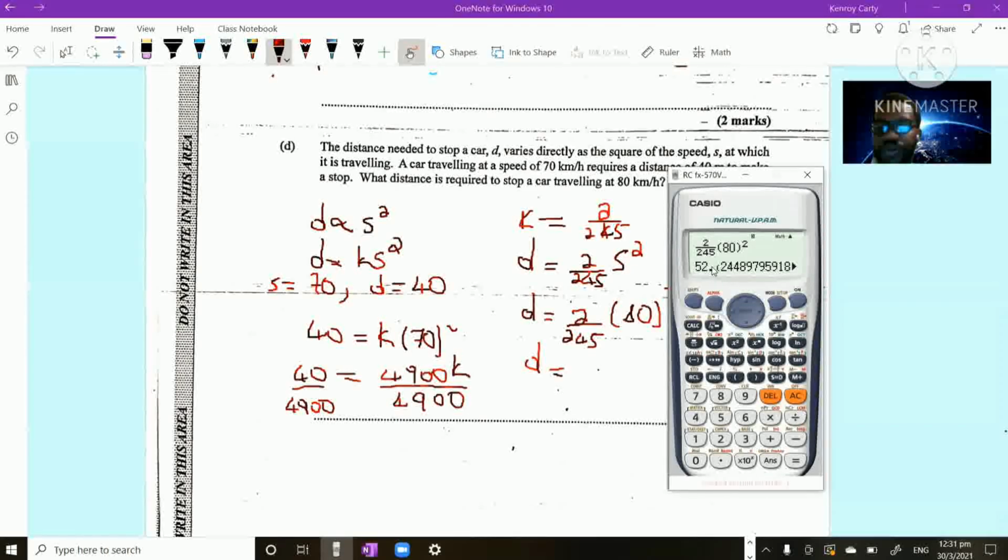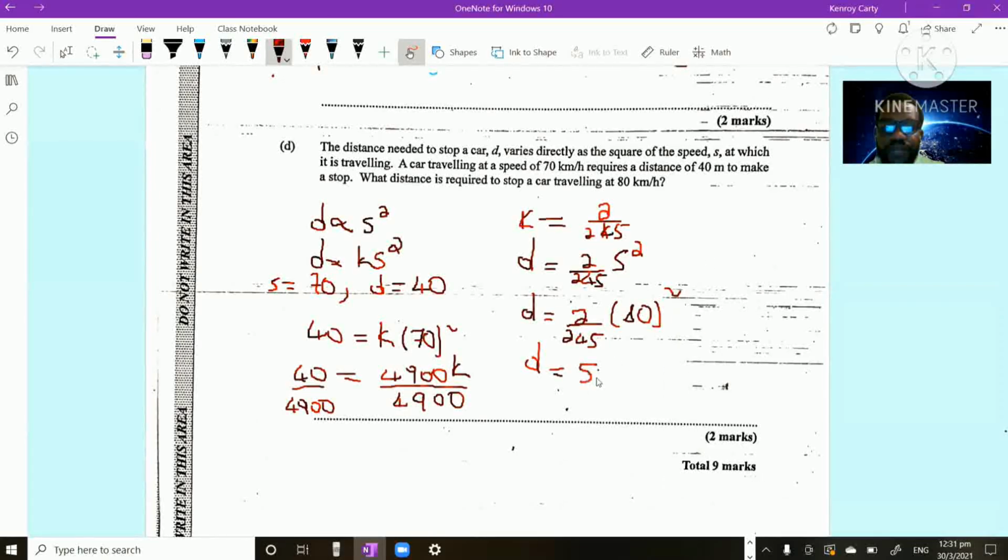So that's 52.24 meters, all right? So D is equal to 52.24 meters. If you want to write a statement, you can write it. So therefore, the distance required to stop a car traveling at 80 kilometers per hour is 52.24 meters. If you want, you can go ahead and write that statement there.